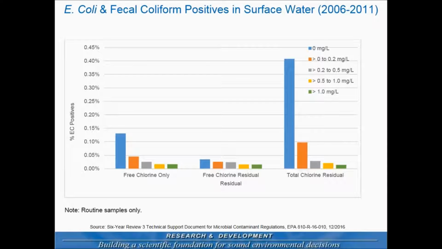For E. coli and fecal coliform in the same data set, you see very similar results. And so as the chlorine residual increases, the number of positives goes down.